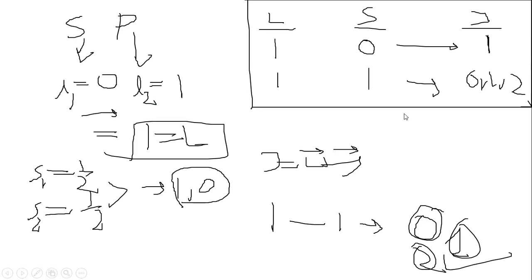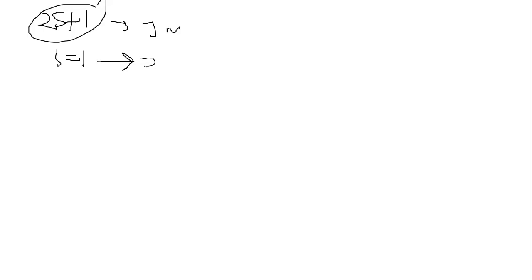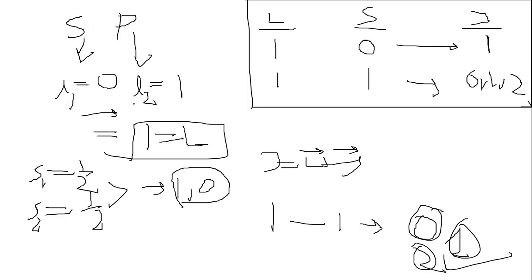Yeah, it will be like that, because for S equal to 1 it is 3. You can see for S equal to 1, the multiplicity, when we write 2S plus 1, is nothing but the number of values of J. So if S equal to 1, definitely we will get 3 values of J. If S equal to 2, we will definitely get 5 values of J. So here you can see S is equal to 1.